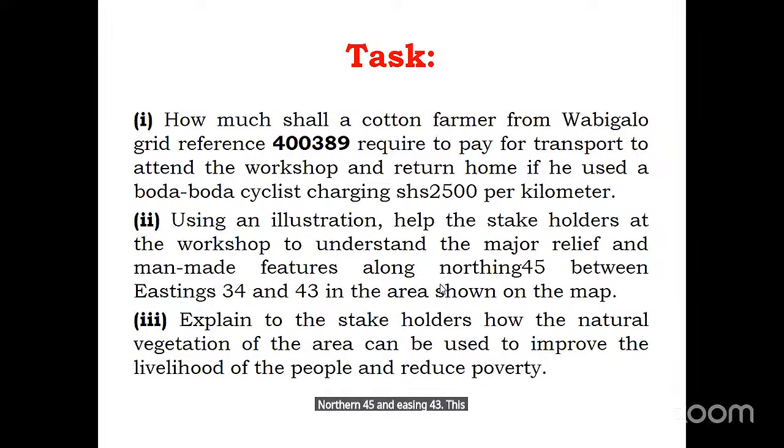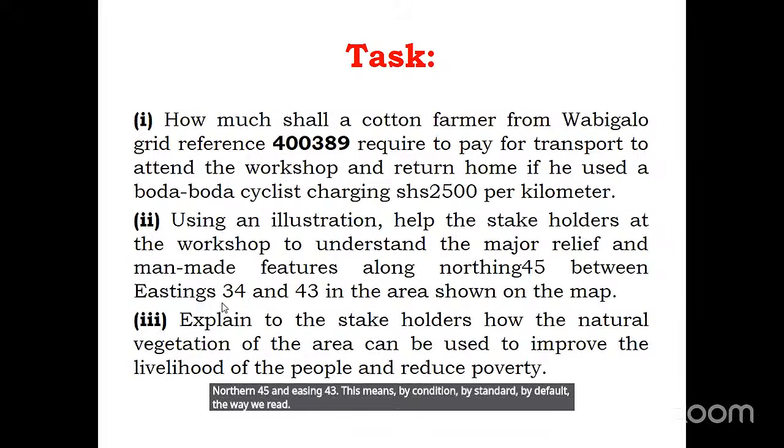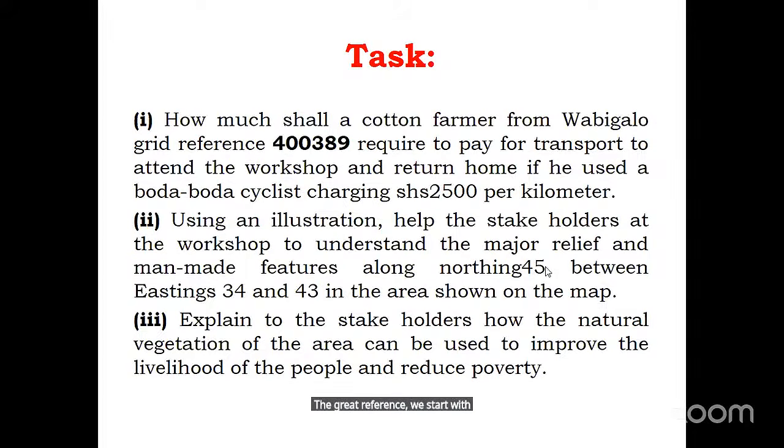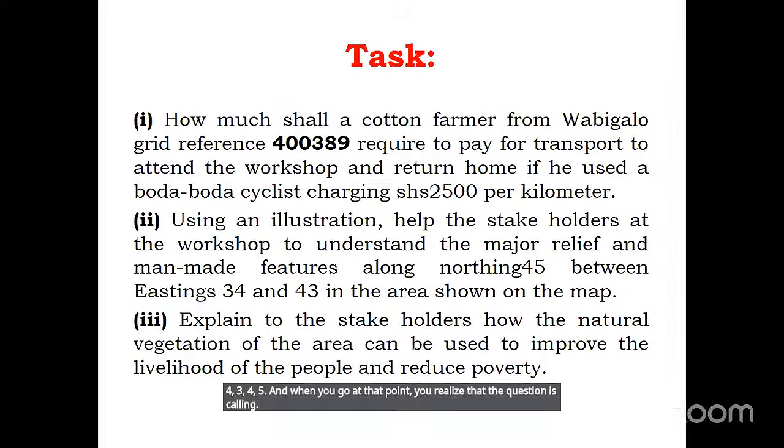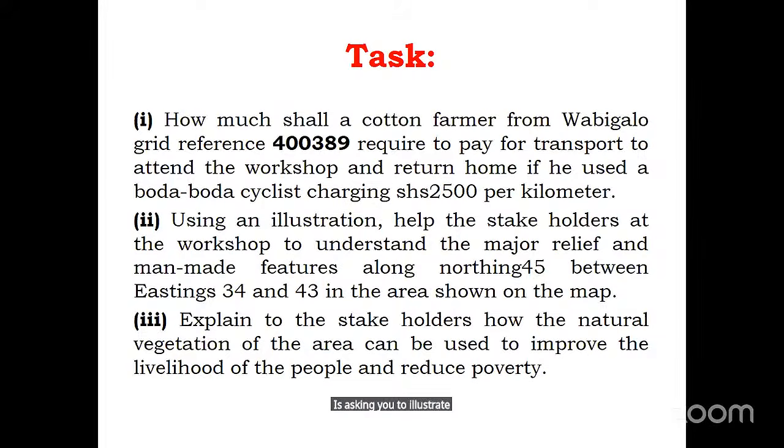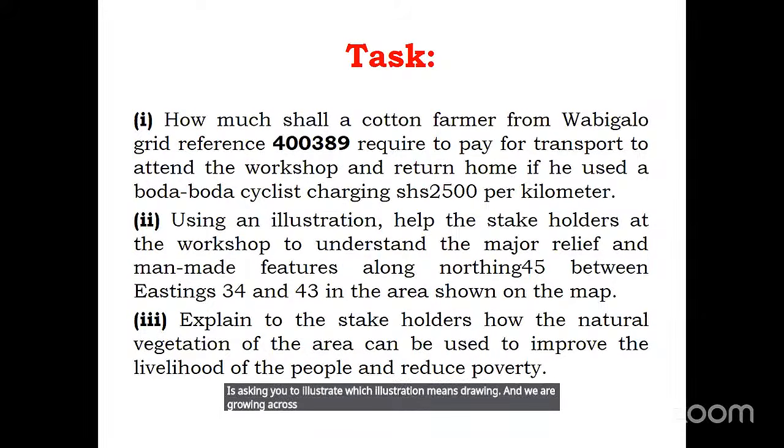By standard, the way we read the grid reference, we start with Eastings, then Northings. So the first point here is 34, 45, and 43, 45. And when you get to that point, you realize that the question is asking you to illustrate, which means drawing. And we are drawing a cross section, not a sketch map.